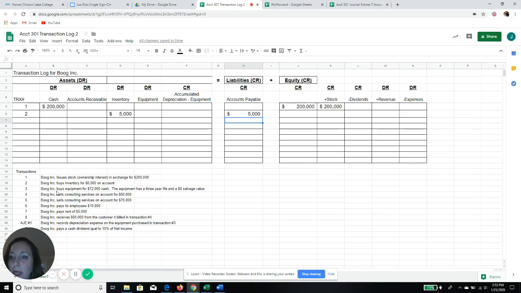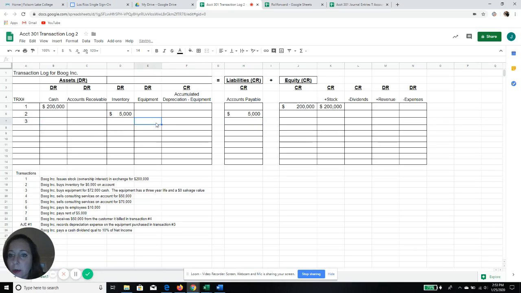Transaction number 3, Boog Inc. buys equipment for $72,000 cash. The second part of it, don't worry about, we're going to use that later. So transaction number 3, we increase equipment by $72,000. And we paid cash, so we're going to decrease cash, $72,000.